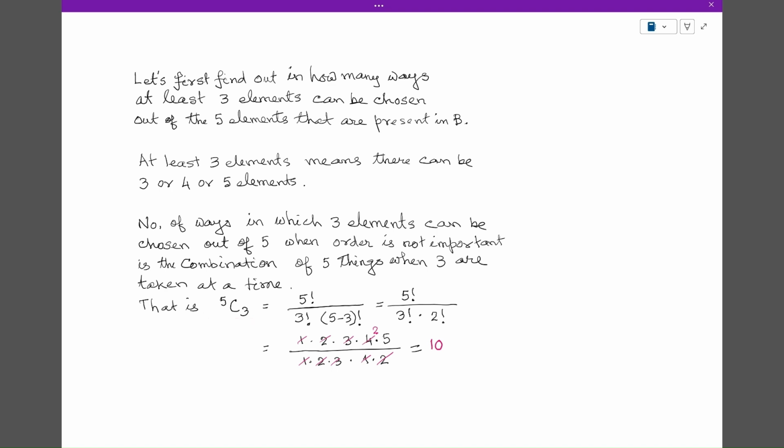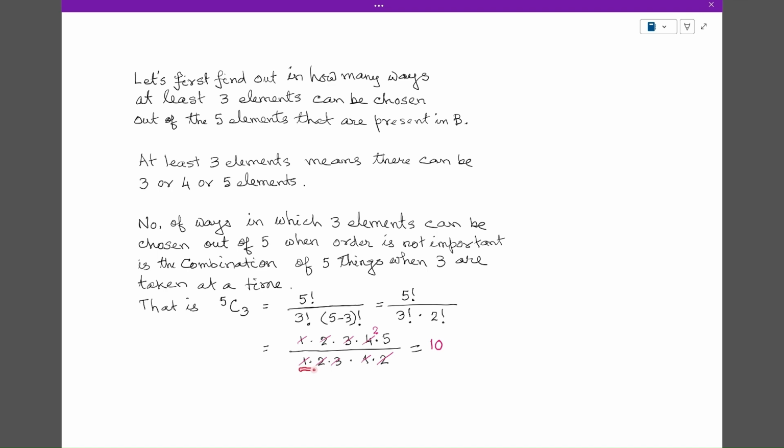Its formula is factorial 5 divided by factorial of 3 multiplied by factorial of the difference of 5 and 3. That is factorial of 5 divided by factorial of 3 multiplied by factorial of 2. Factorial of 5 is 1 multiplied by 2 multiplied by 3 multiplied by 4 multiplied by 5.